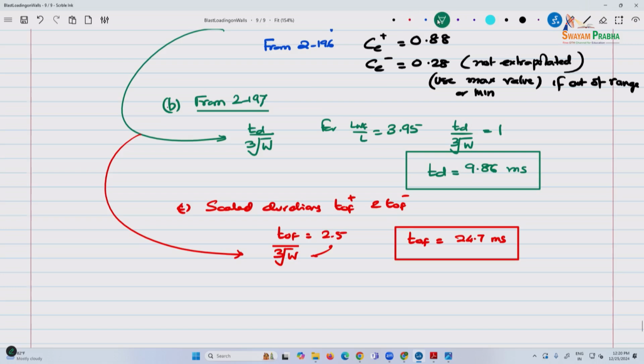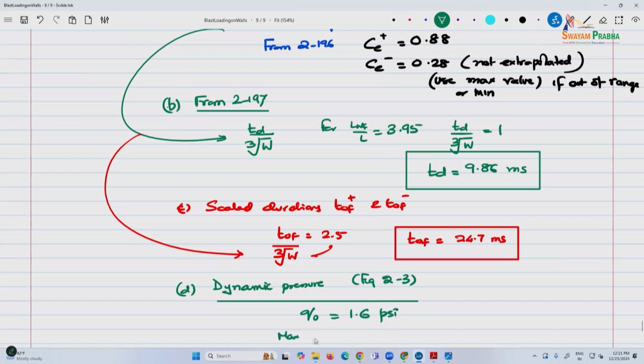Then the dynamic pressure, again that would change. You use figure 2-3, and from here you'd get Q naught is, it's not very different, but you get Q naught is 1.6 psi.